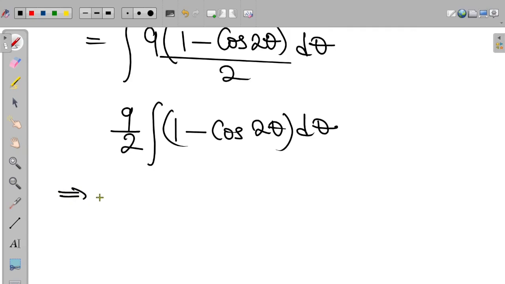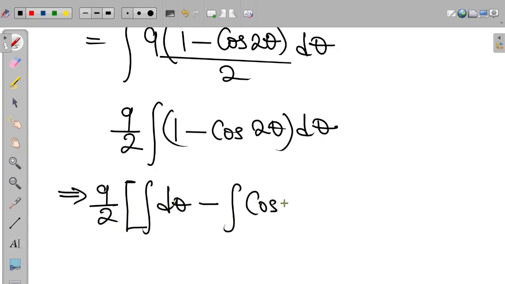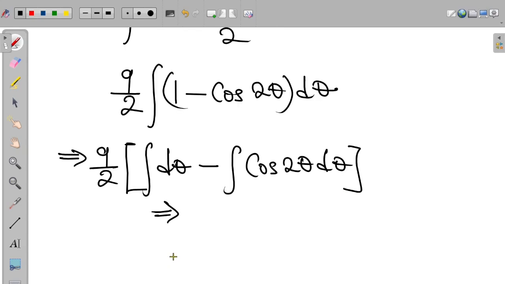So at this point, we have that 9 divided by 2, enclosed in a bracket, integral of d theta minus integral of cos 2 theta d theta will now be equal to, if we integrate, 9 divided by 2, open bracket, theta, because integral of d theta is theta, minus, and also integral of cos 2 theta is sine 2 theta divided by 2.